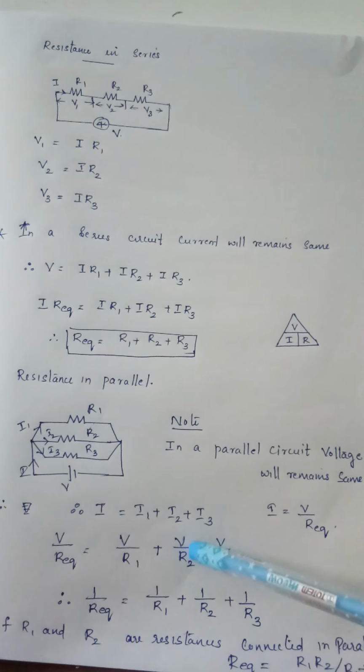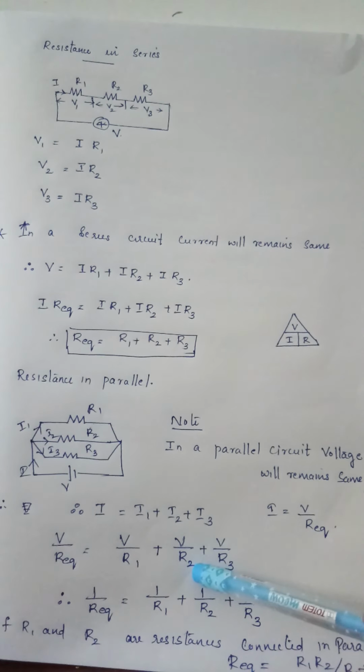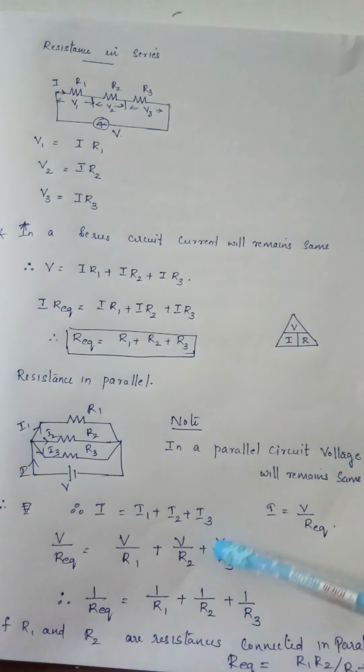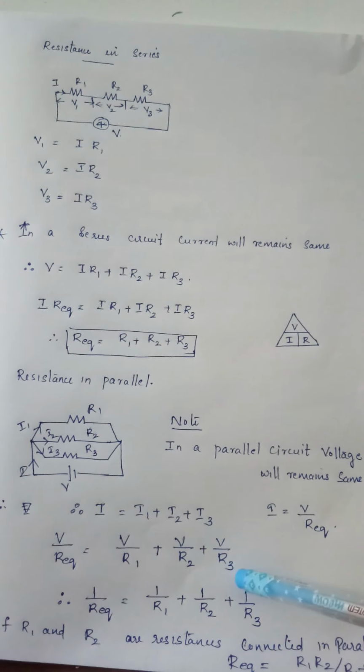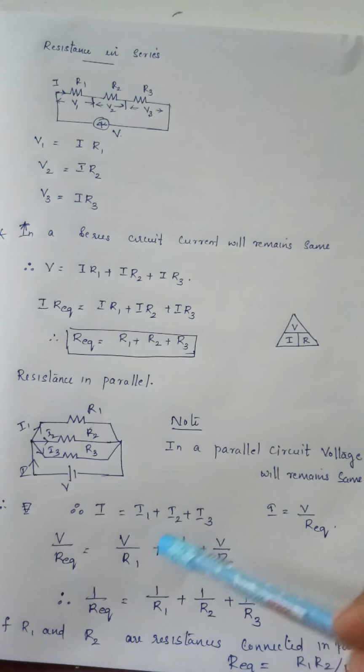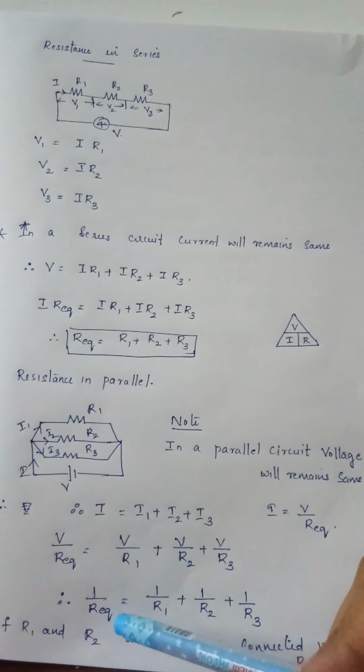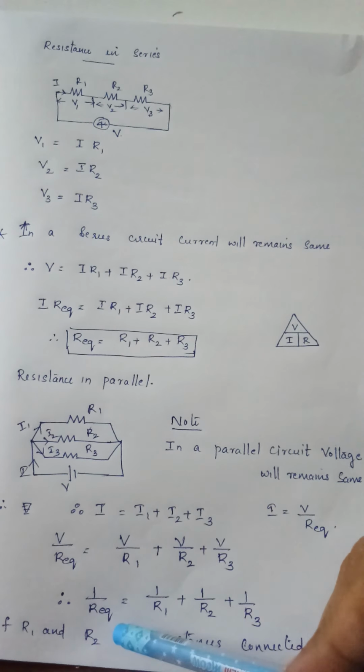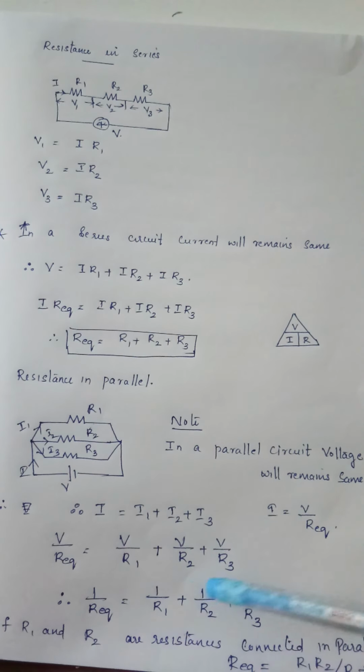I2 is equal to V by R2, current flowing through R2 resistance. Similarly, plus V by R3. So cancel V from both sides. We can get 1 by R equivalent equals 1 by R1 plus 1 by R2 plus 1 by R3.